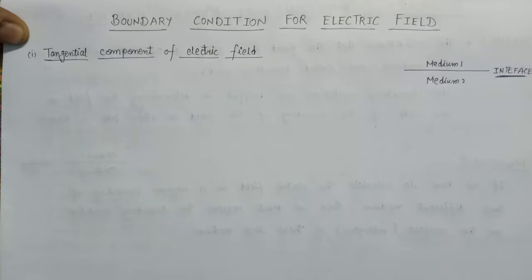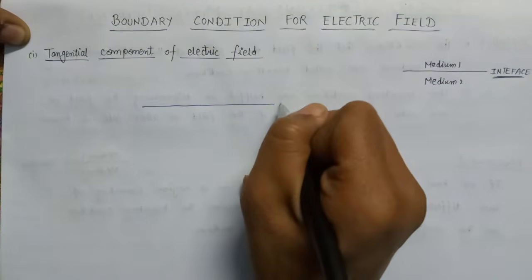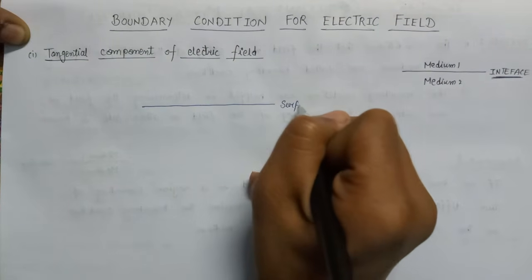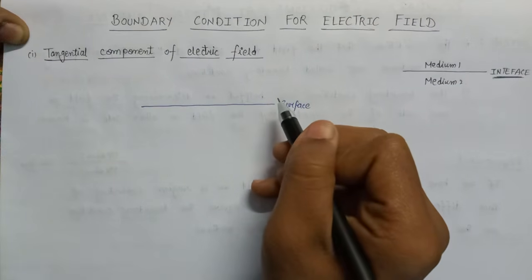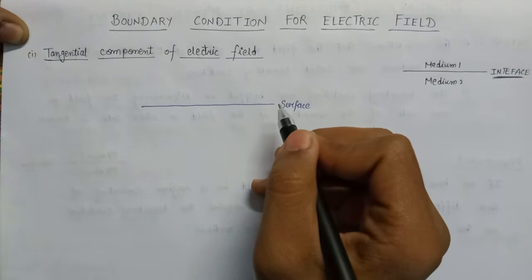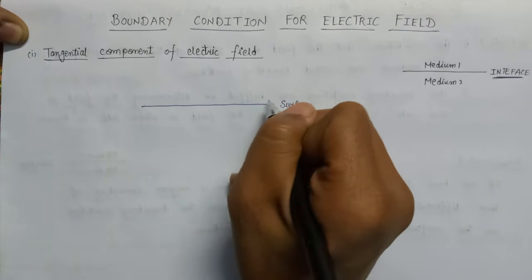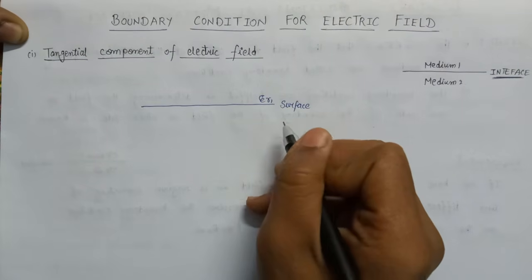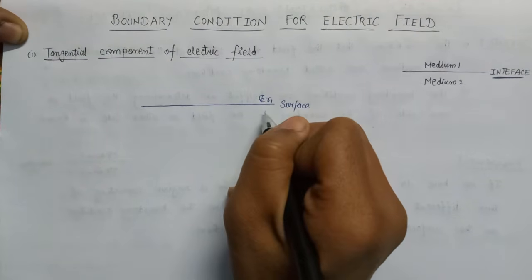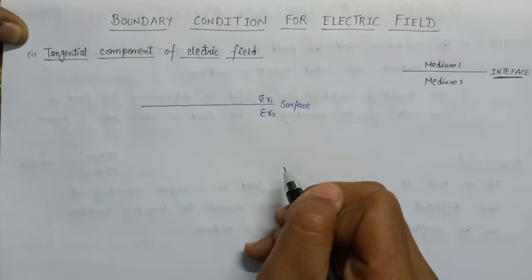To discuss the tangential component of electric field, let us consider a surface or interface. Above the surface there is a dielectric constant, represented by epsilon r1, and the dielectric constant below the surface is represented as epsilon r2.